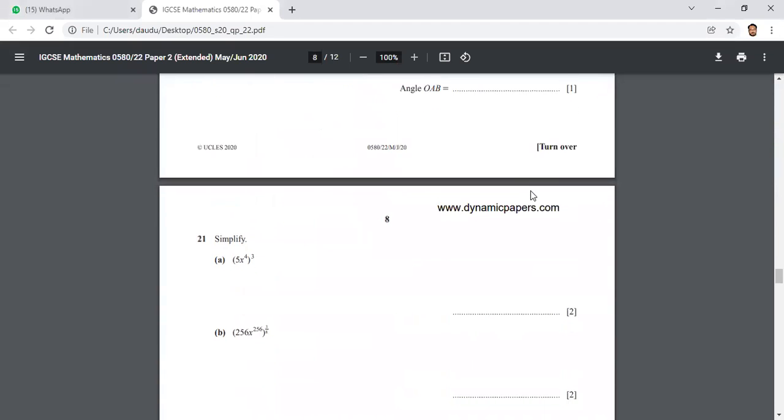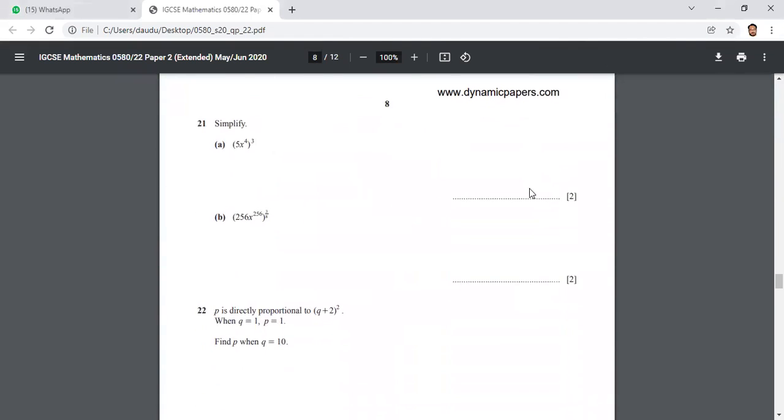The next question is related to algebra, indices, and here we just apply the powers. 5 cubed gives us 125, and x to the power 12. Here we have to simplify a little bit. 256 is 2 to the power 8.